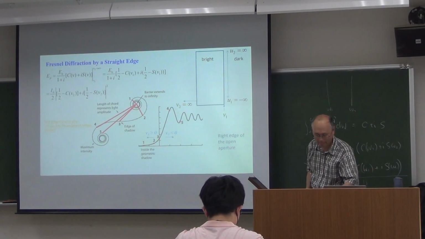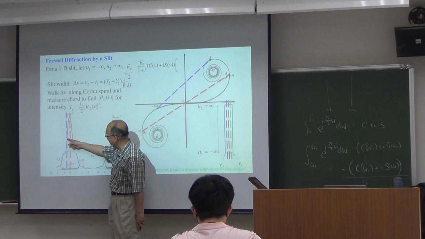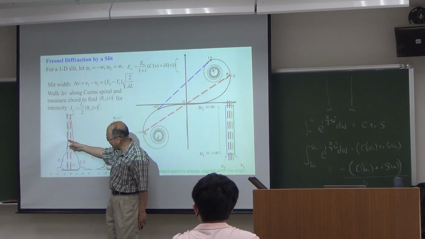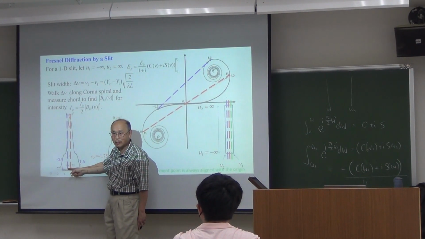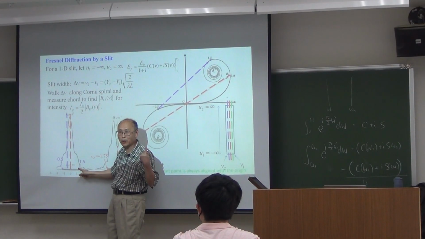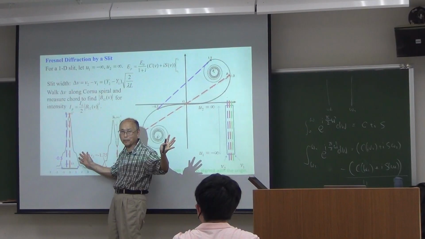Remember this. When you want to figure out the intensity at this point, you define your origin here. And then you have V1 and V2. Now for our problem, the V2 is infinite. It's fixed already. So to some extent, it's easier than this problem.